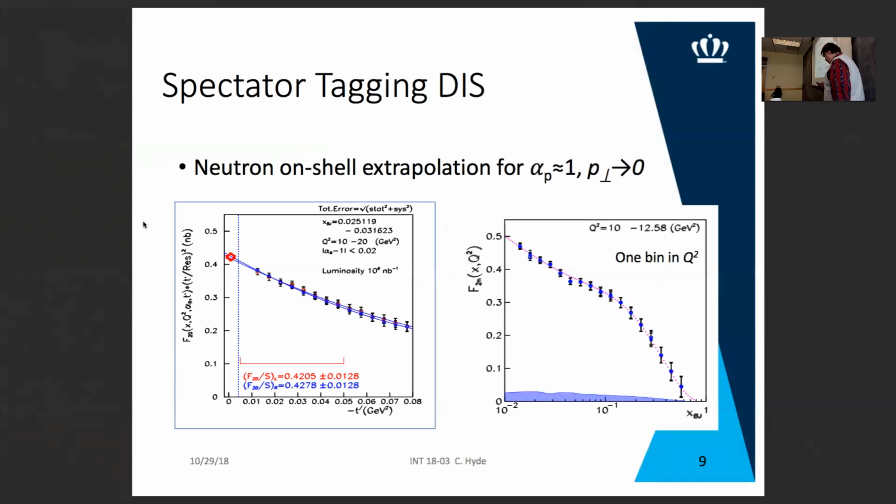Many systematic errors are included in these error bars. This is just one rather small bin in Q squared, and an illustration of the extraction, the on-shell extrapolation of the neutron structure function.